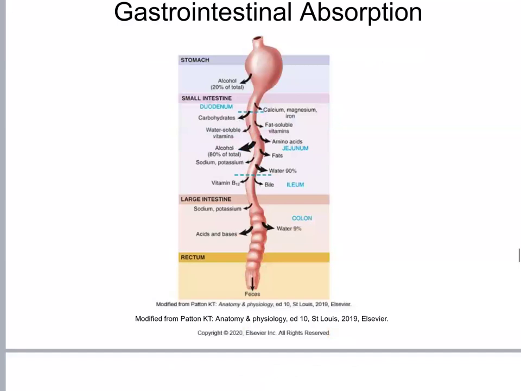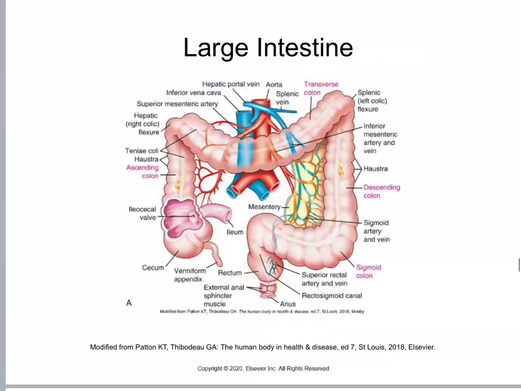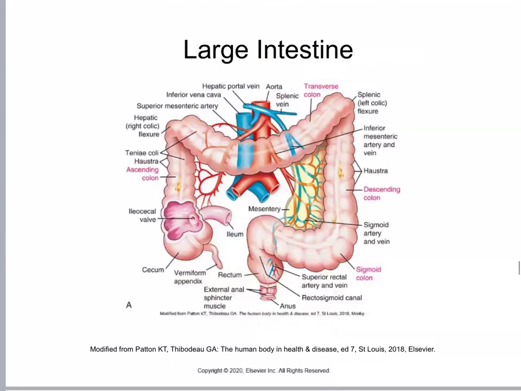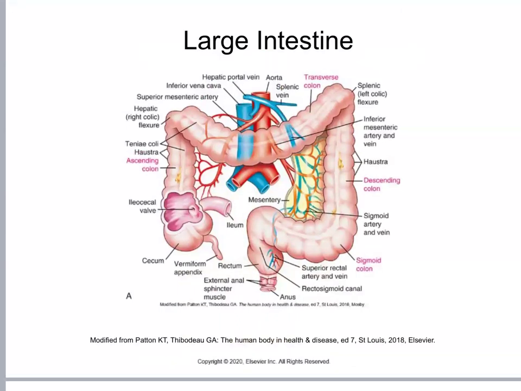So moving on down to the large intestine, this starts after the ileocecal valve. We have something called haustra. We don't have villi anymore. We have haustra, and these are sac-like segments, and they contract to move feces. And then we have mucosa with goblet cells, which produce mucus for lubrication and protection.